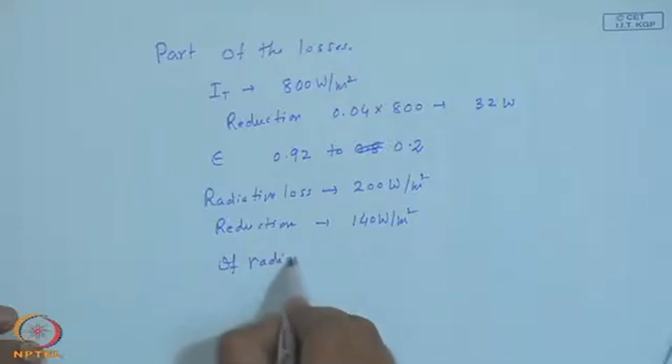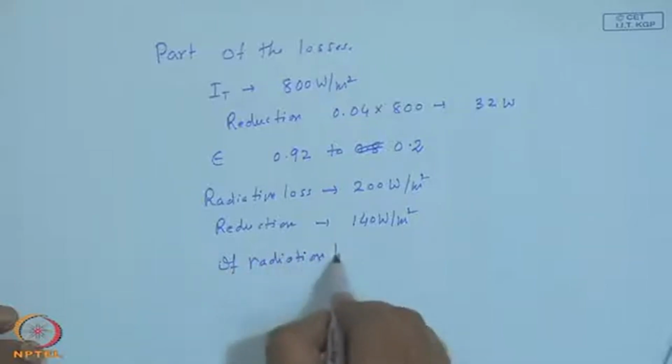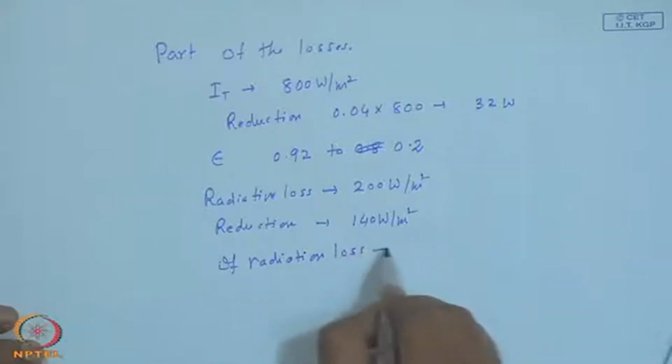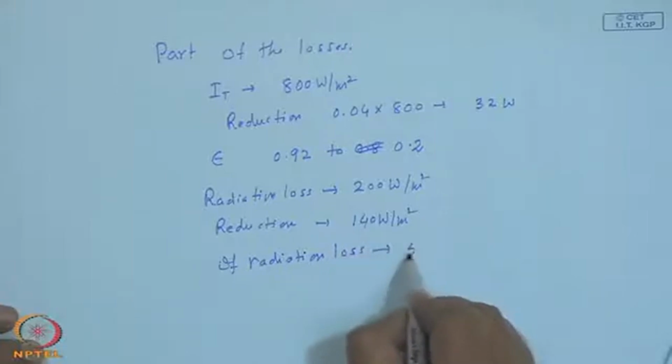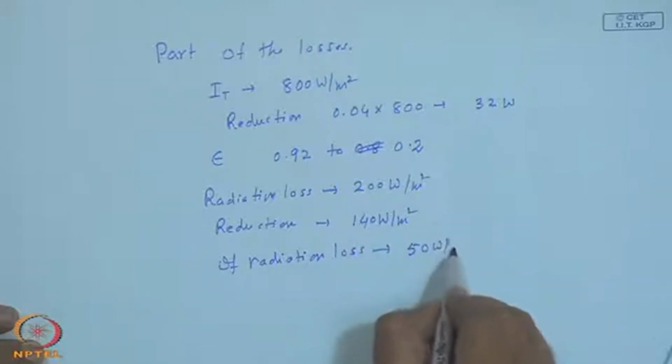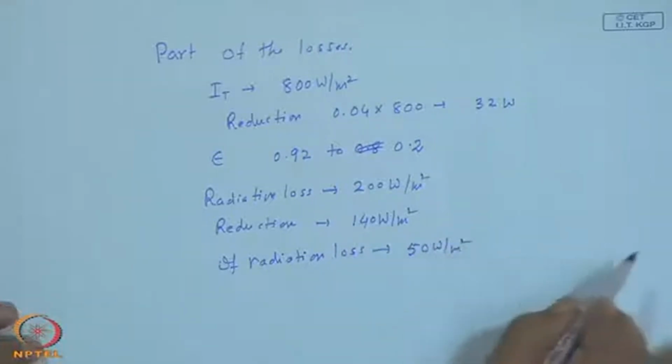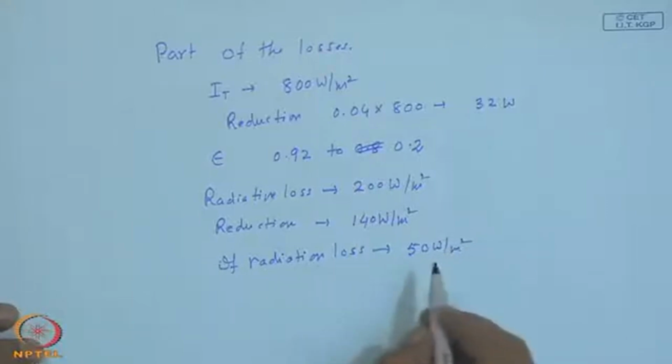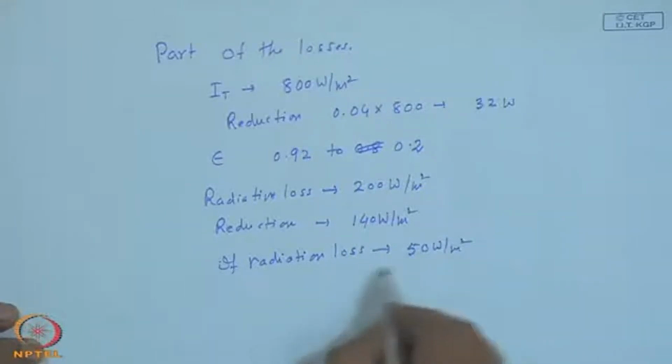If your total losses are 200 and the radiation loss is only 50 watts per meter square, then my reduction will be of the order of 70%, 35 watts per meter square.